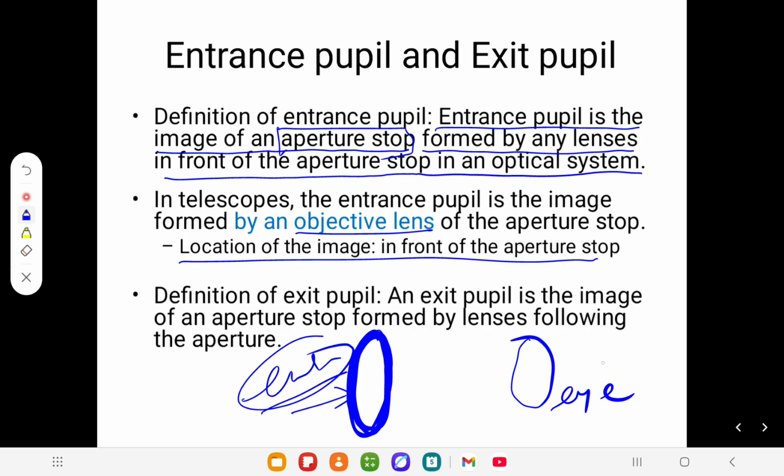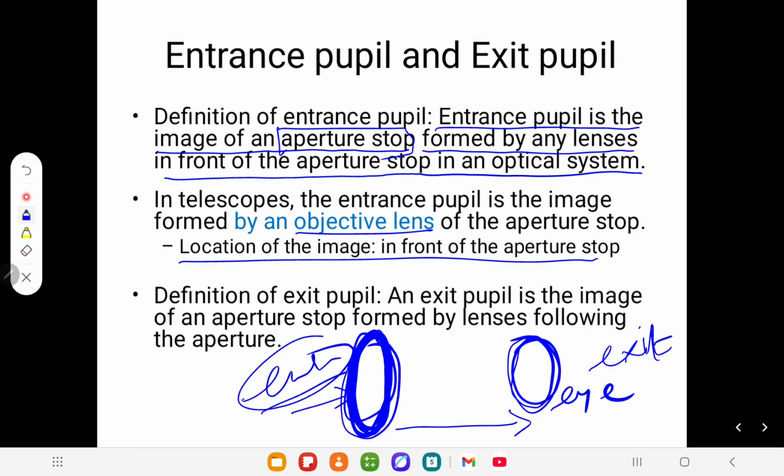And then the exit pupil. What is the exit pupil? The image of the aperture stop made by the eyepiece, because it's behind it. So that's why the image of the objective lens made by the eyepiece is known as the exit pupil in our telescope.